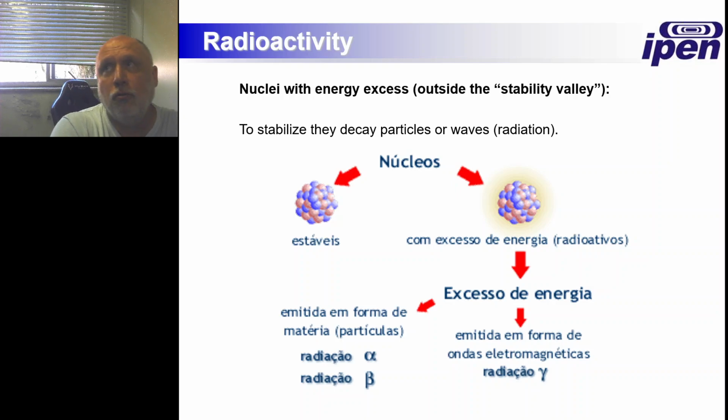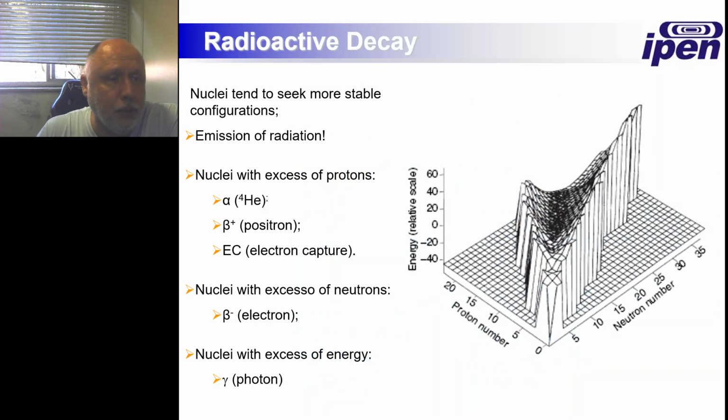But most times it's already in its lowest energy state, and there are still ways to reduce it. How can we do it? By emitting particles. The nucleus may emit either alpha radiation or beta radiation, and this way become another nucleus with higher binding energy per nucleon, right?